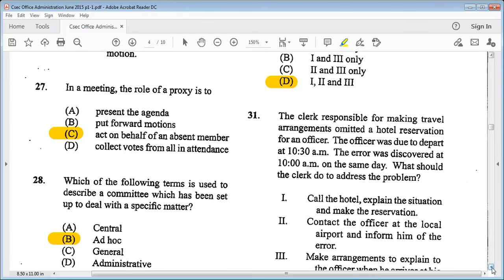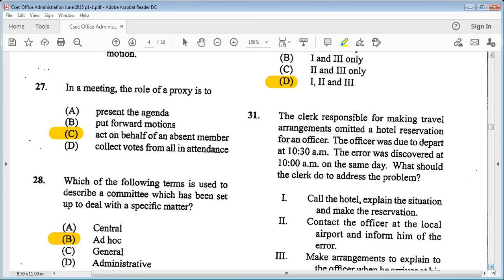The clerk responsible for making travel arrangements omitted a hotel reservation for an officer. The officer was due to depart at 10:30 a.m. The error was discovered at 10 a.m. on the same day. What should the clerk do to address the problem? 1. Call the hotel, explain the situation, and make the reservation. 2.